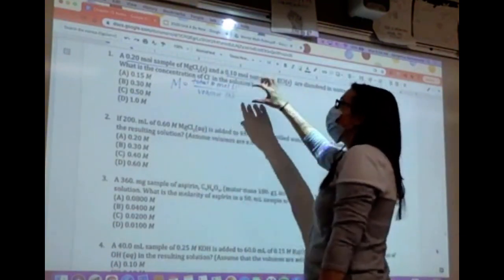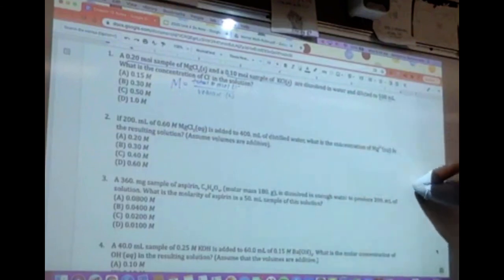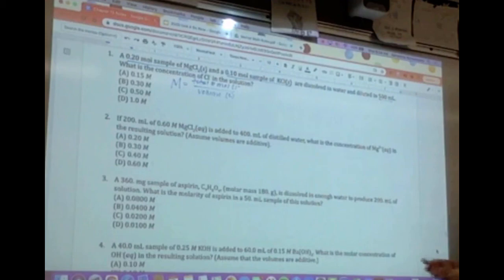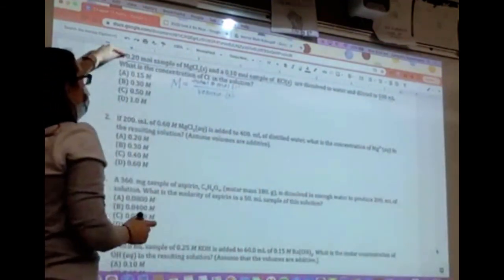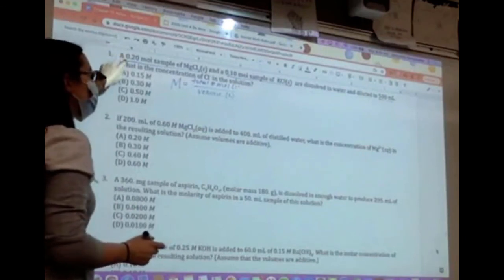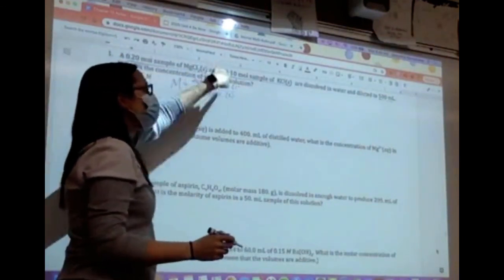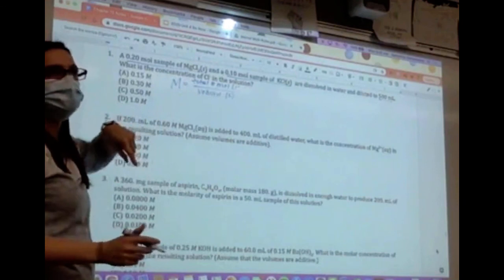So for molarity, we need the total number of moles of Cl minus divided by the volume of solution. Remember, volume has to be in liters. So to find the total number of moles of Cl minus, we need to figure out how many moles of Cl minus are coming from MgCl2 and how many moles of Cl minus are coming from KCl.